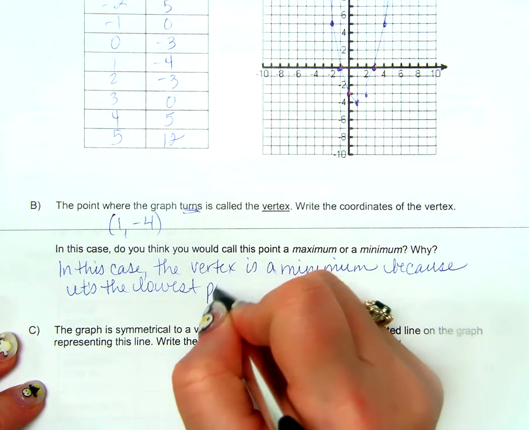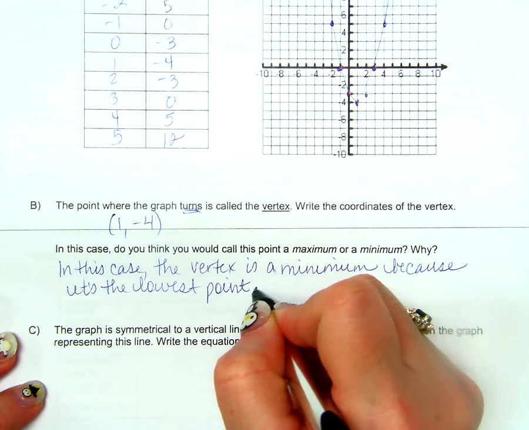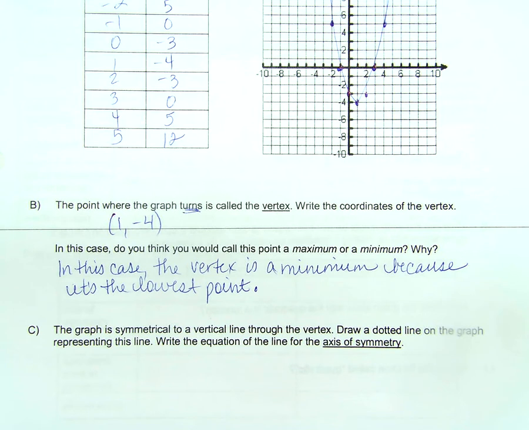It's the lowest point. When would it be called a maximum? What would a parabola have to look like to have a highest point? Oh, it would have to be upside down. It would have to be reflected, right? Very good. It would have to have a negative in its equation. All good answers. Very, very good.